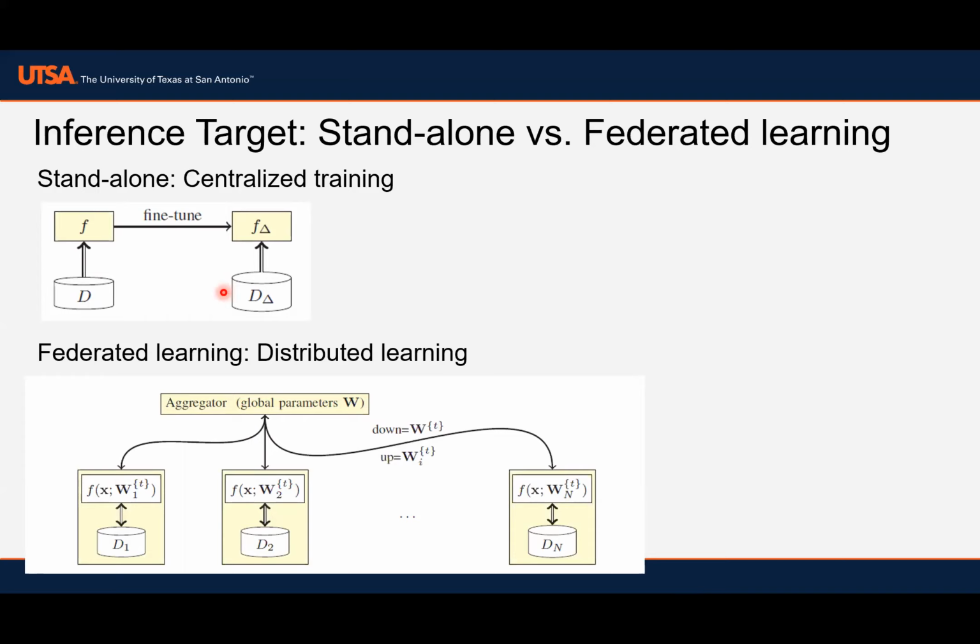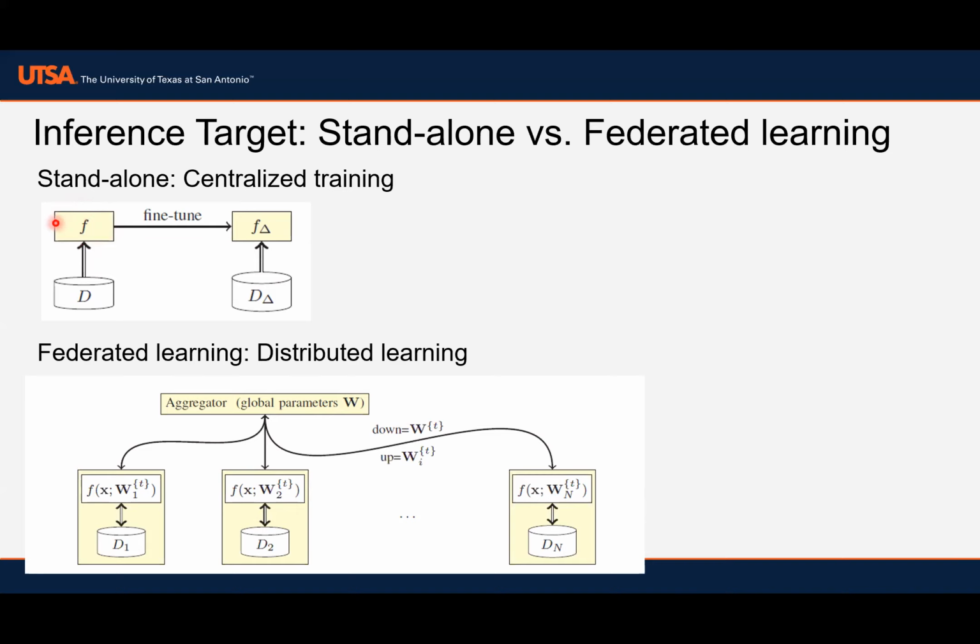Okay. For centralized training, the attacker already has a model F. Then he wants to know whether a data set is in the training data set D or not. So he can use the data set D delta to fine-tune the original model.